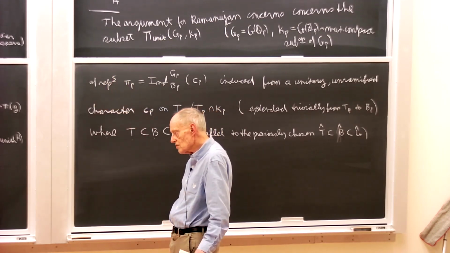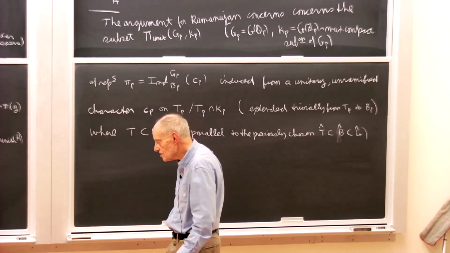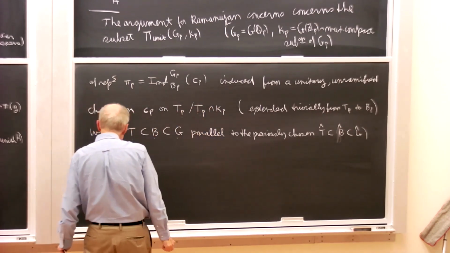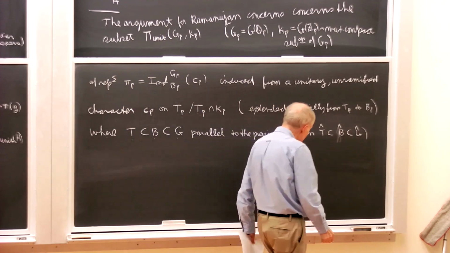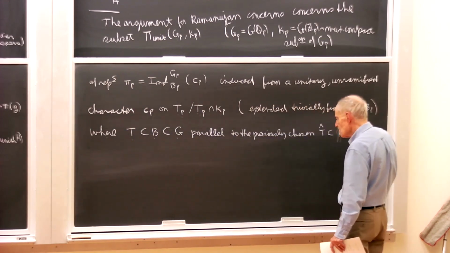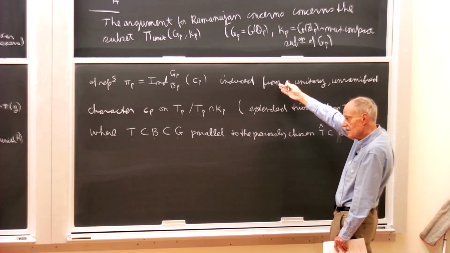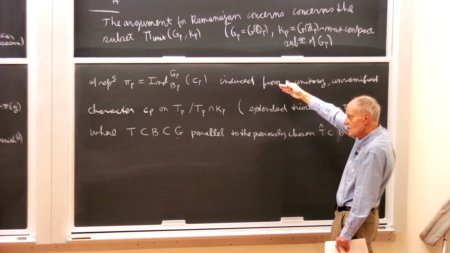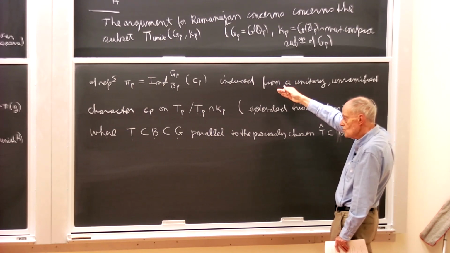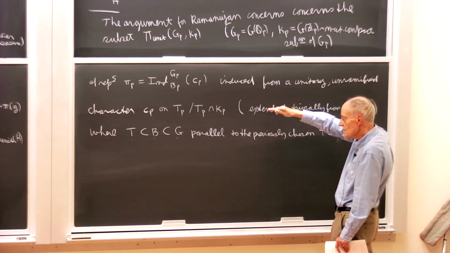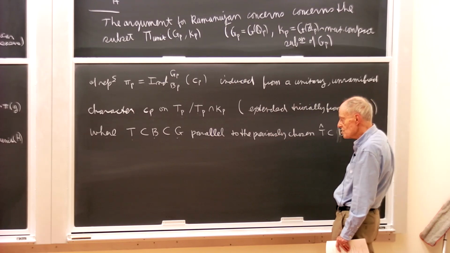We're only working with a very particular class of representations. And most importantly, they're representations which, once you induce these up, are representations of G_p whose restriction to K_p contains the trivial representation with multiplicity 1.